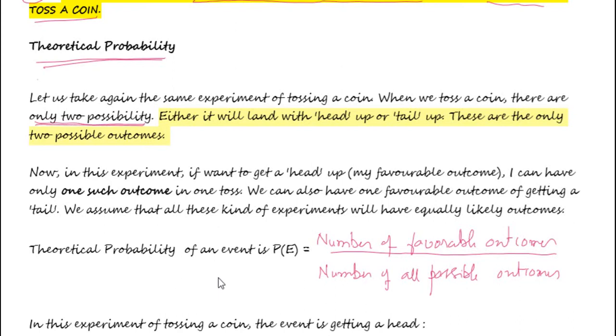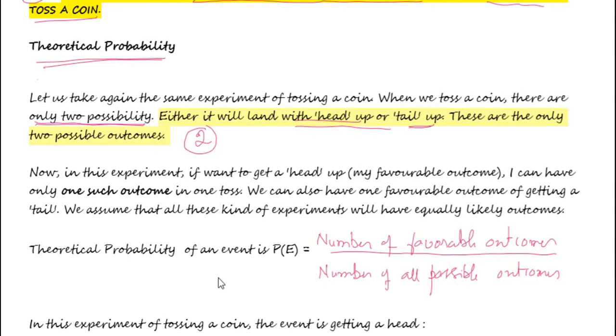Either it will land with the head up or tail up. So the possibilities are two. That is, the total possible outcomes in this experiment of tossing the coin is 2.